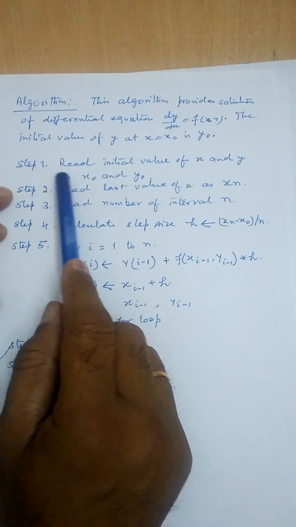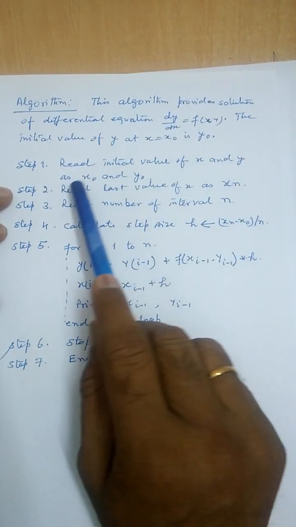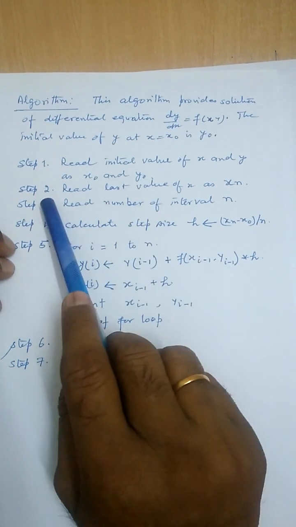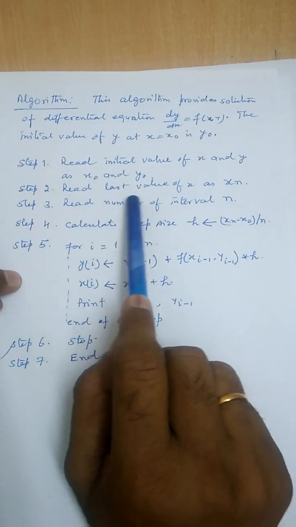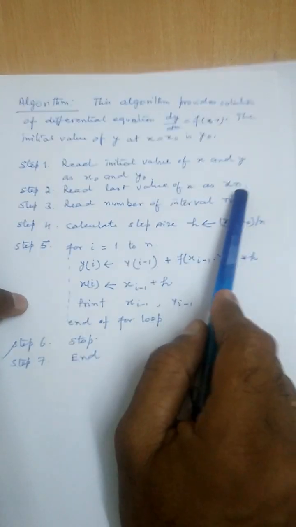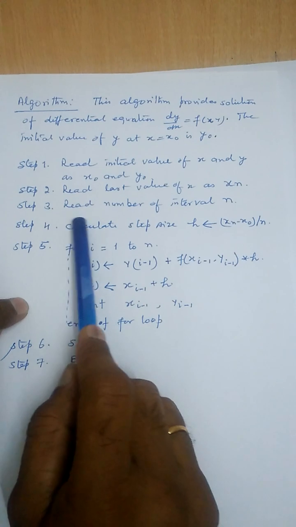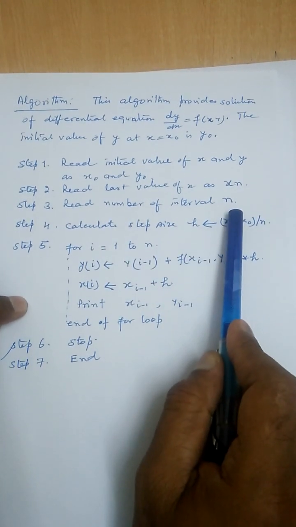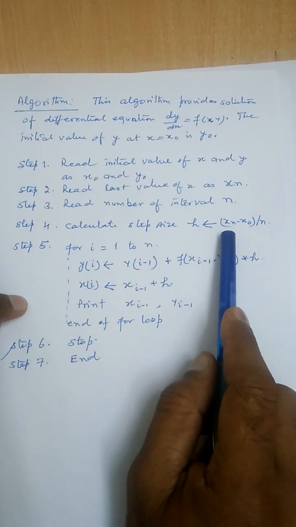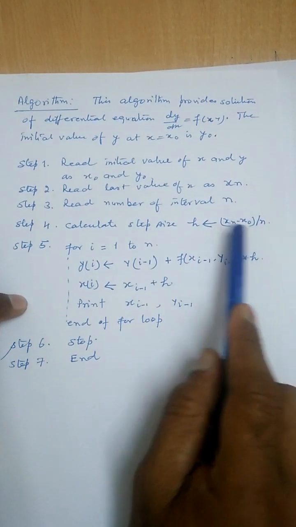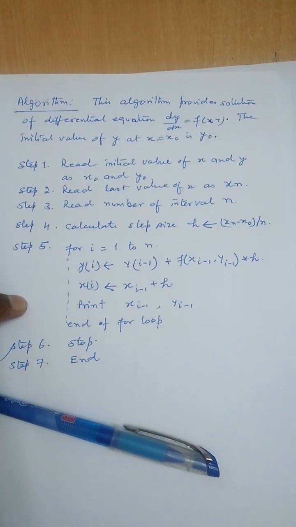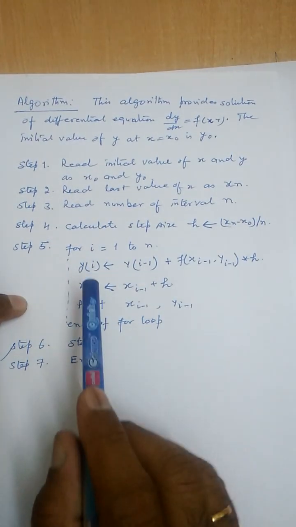Step one should be to read the initial values of x and y as x0 and y0. Second step, read the last value of x as xn. Step 3, read the number of intervals n. Calculate step size h equal to (xn minus x0) divided by n. Now just use a loop to calculate the value of y at different points.